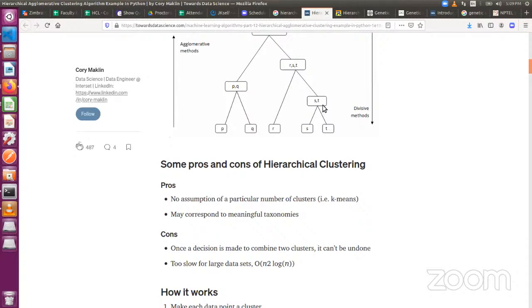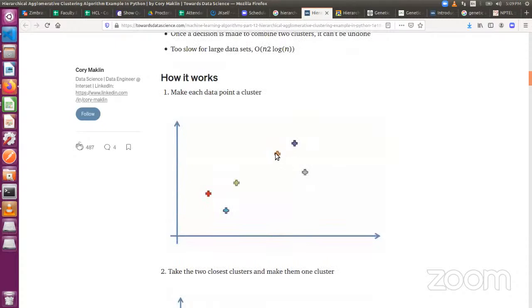For that, what we're going to do is find the center point. Suppose point one is there, point two is there, and these two are the closest points. We group them together, and to represent this particular group, we just take the center point.